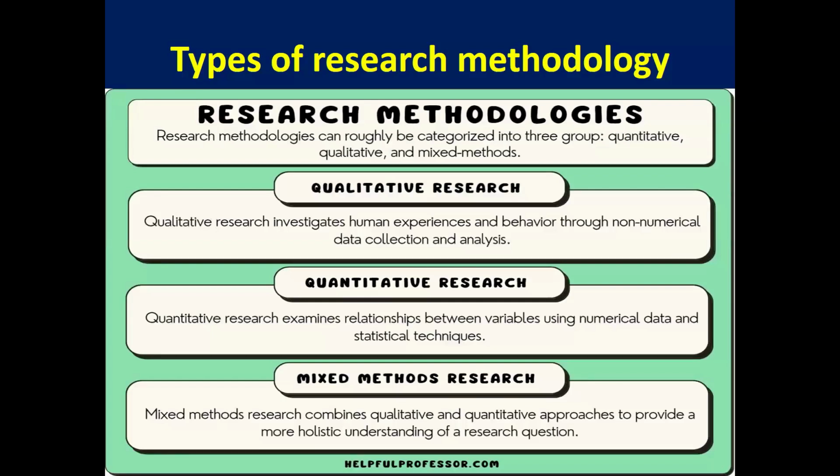And when we talk about mixed method research, we have to use both techniques, qualitative and quantitative, and after that we analyze, interpret and generalize the findings in a single research. So it's called mixed method research.